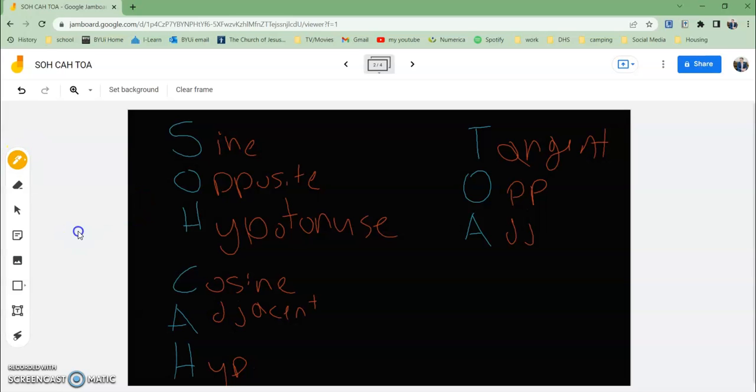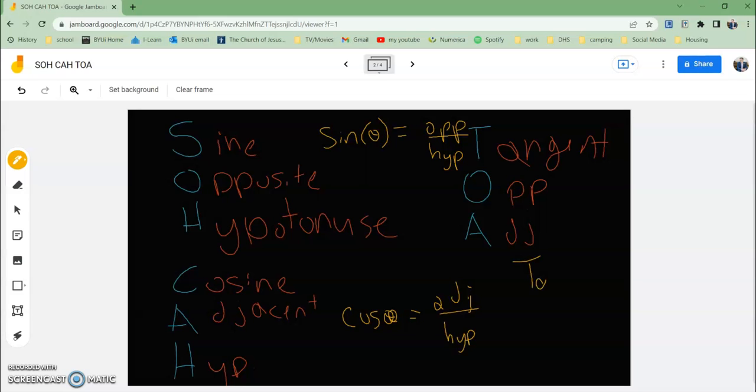The general thing we learn is that sine is a function of some angle, let's call it theta. That's going to be the opposite side of a triangle divided by the triangle's hypotenuse. And that's how it is for all of these. So cosine of an angle is going to equal the adjacent over the hypotenuse.